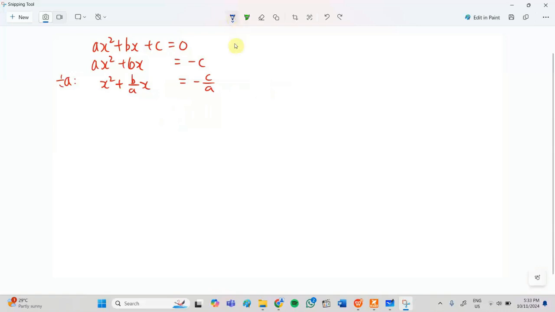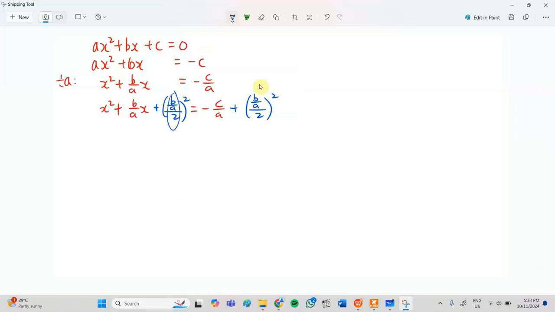So it looks something like this: x squared plus b over a x, then plus b over a over 2, squared. And to further simplify this part, b over a divided by 2 can also be written as b over 2a.